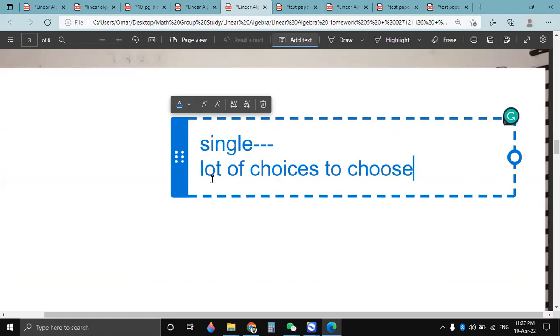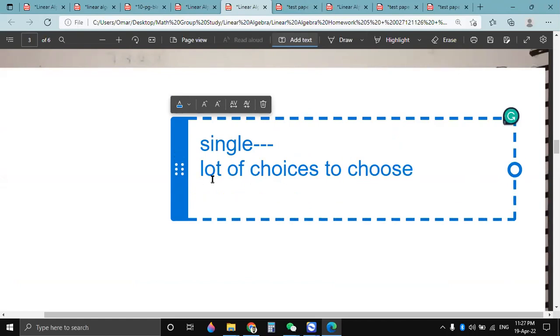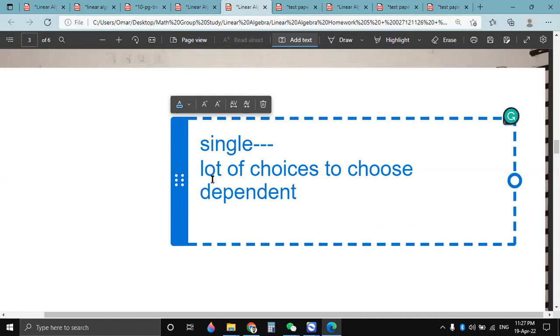So that means you are also dependent on your parents, right? Because you still don't earn money. So you are dependent on your parents, and your rank is lower than other family members.